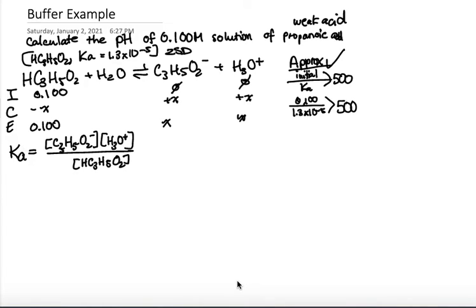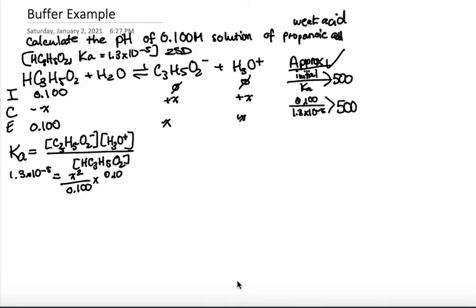Now we can plug in our values here. So we have 1.3 times 10 to the negative 5 is equal to x squared divided by 0.100. In order to isolate for x, we're going to bring up and multiply both sides by 0.100.